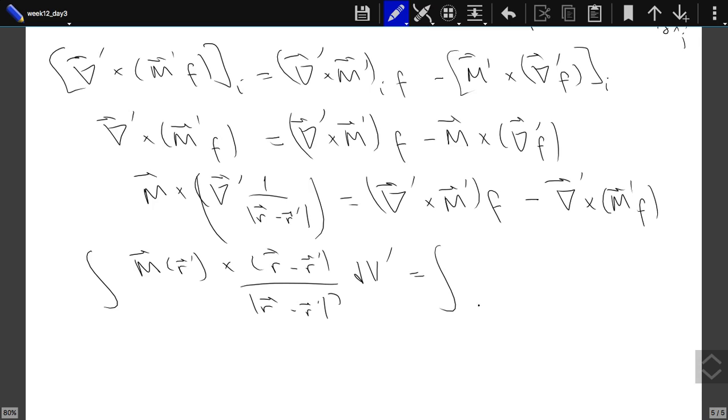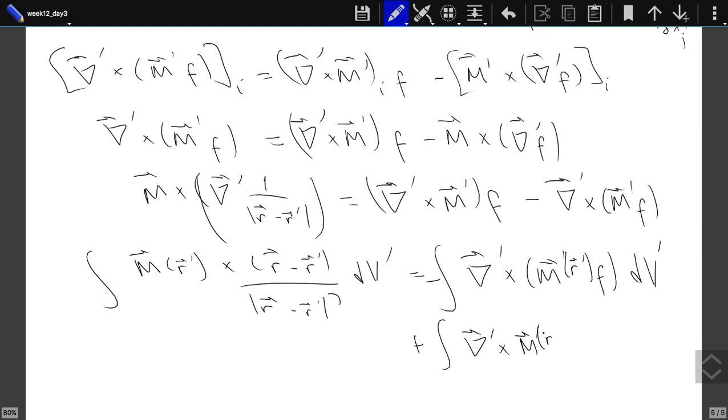This is equal to minus the curl of M at R prime multiplied with F integrated over the volume, plus the curl of M at the point R prime. Sorry, this F is 1 over R minus R prime, times 1 over R minus R prime over my volume.